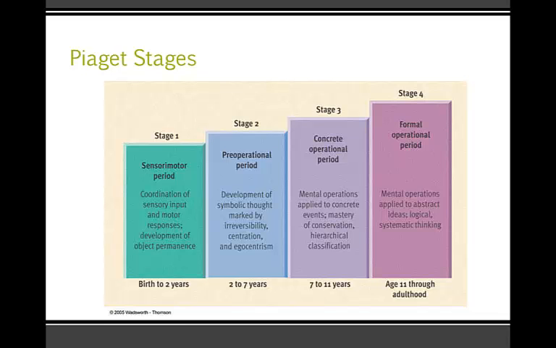So I do just want to say that there has been a lot of research done to show that the types of learning activities that you do with individuals can accelerate that development, and that age does play a role, that the same activity for two different age learners will impact them differently, but that learners seem to be able to move through the stages differently based on the learning environment.